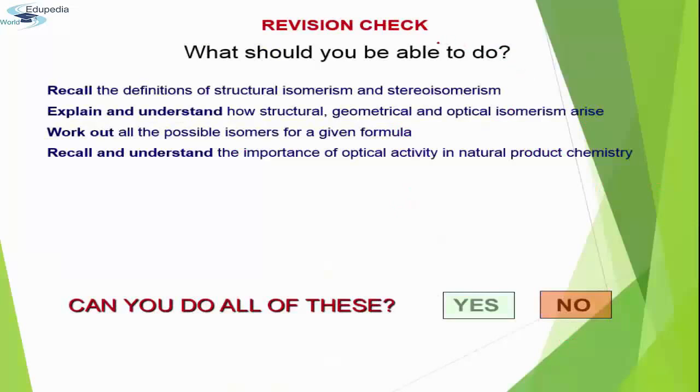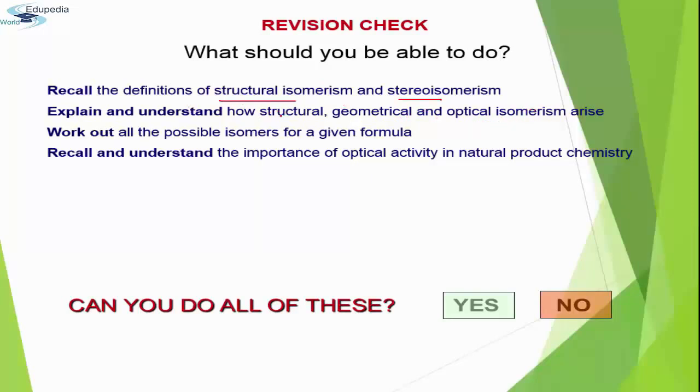Let's do the revision. So what you should be able to do after this lecture, first is recall the definition of structural isomerism and stereoisomerism and the isomerism. Okay, then you should be able to explain and understand how the structural, geometrical and optical isomerism arise.